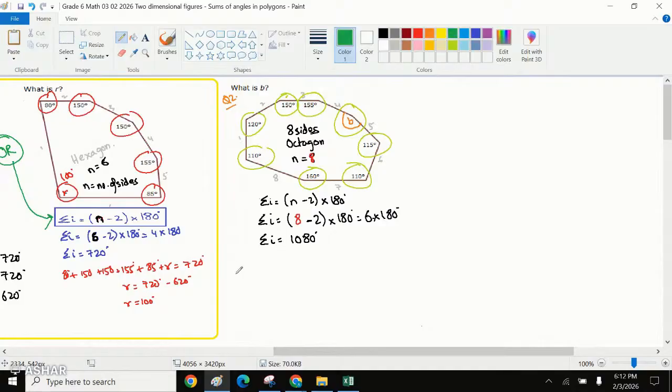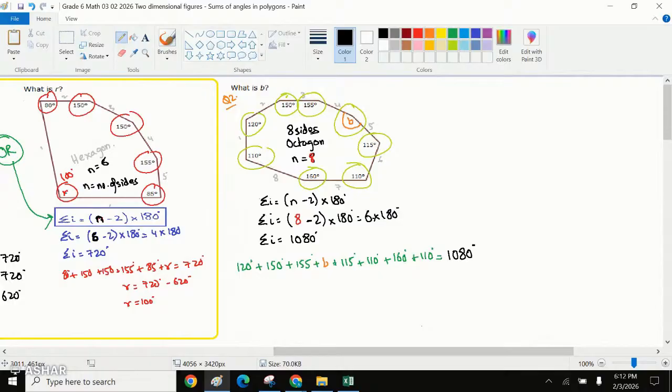So can I start with the first side? First side was 120 plus 150, 155 plus the missing angle that was B, plus 115 plus 110 plus 160 plus 110 should be equal to the sum of interior angles.